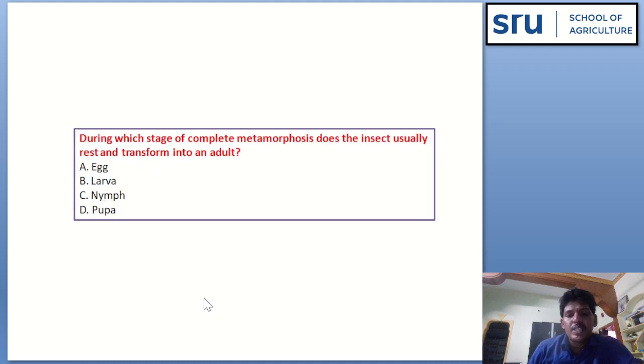During which stage of complete metamorphosis does the insect usually rest and transform into an adult? Egg stage, larval stage, nymphal stage, or pupal stage? Here the correct answer is the pupal stage. During the pupal stage of complete metamorphosis, the insect usually rests and transforms into an adult.